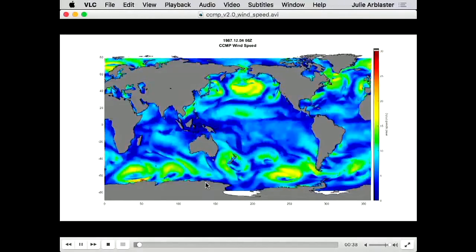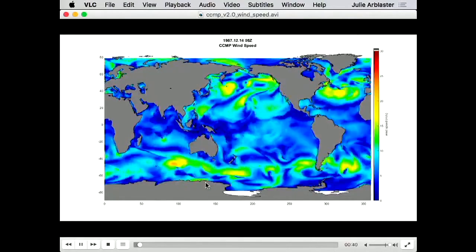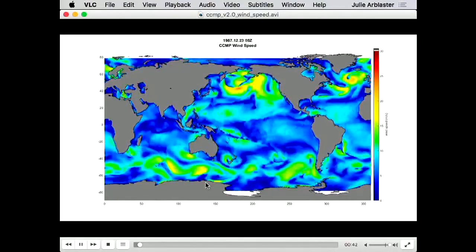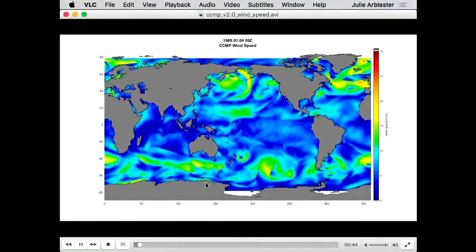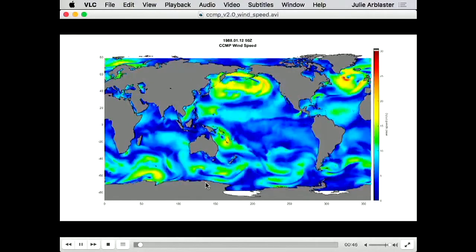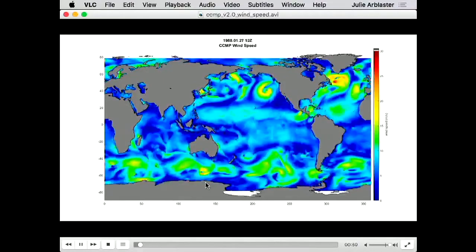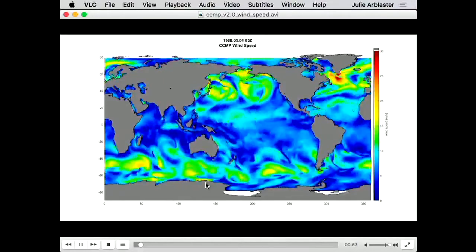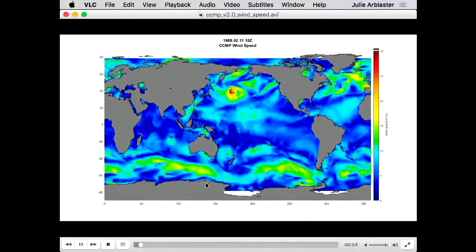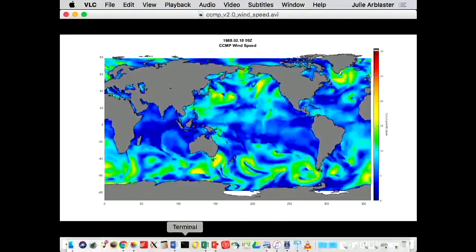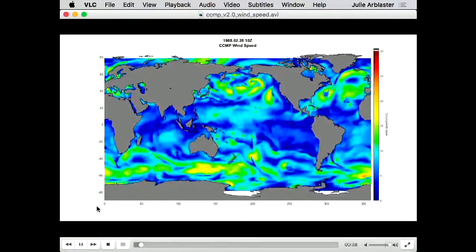It goes along a nice waveguide compared to the ones in the Northern Hemisphere, which slope more in a northwest, southeast direction. So I think there's lots of nice things that we could learn from watching that. But I will stop that.